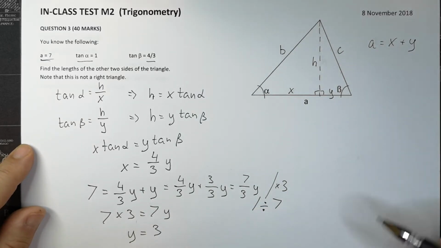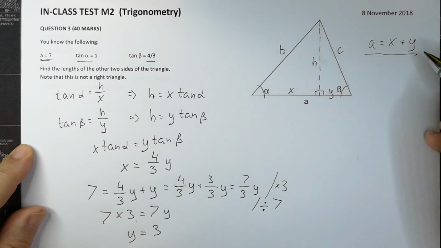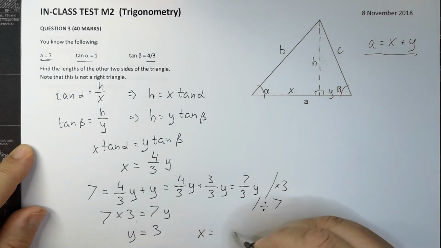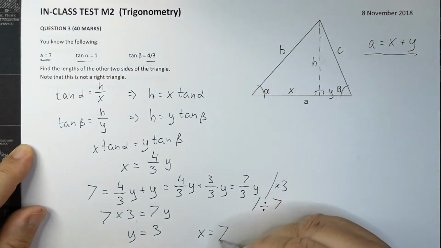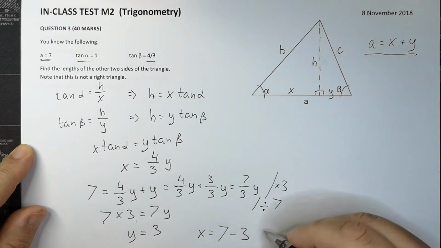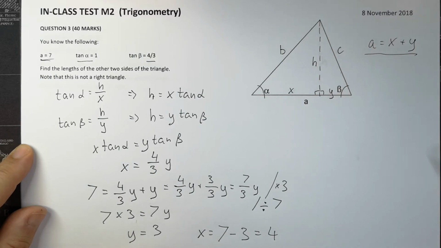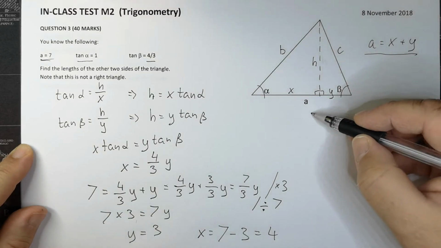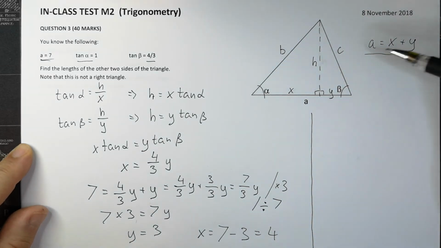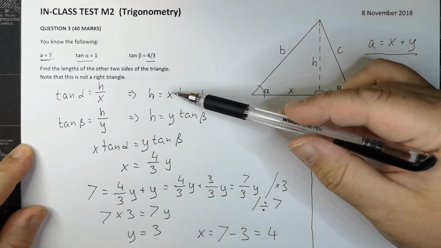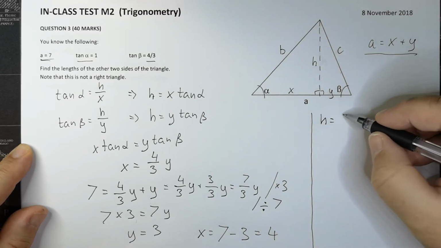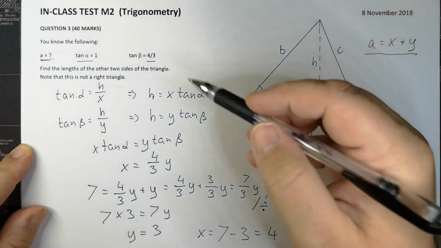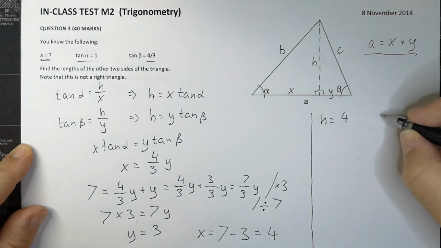So that's the first meaningful result. From the equation A equals X plus Y, I quickly get X must be equal to 7, A is 7, minus 3, it's for Y, X must be 4, because 3 plus 4 is equal to 7, or A. Now I can use this previously written equation to find the value for H. H equals X, now I know it's 4, times tangent alpha is 1, so H is equal to 4.